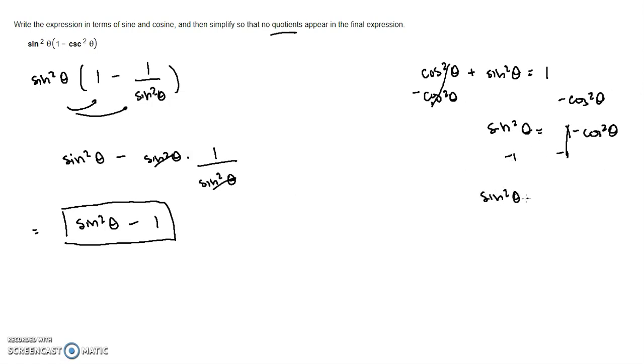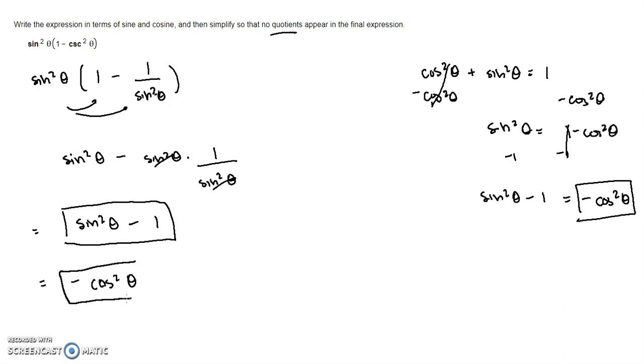So we could have sine squared minus 1 equals negative cosine squared theta. That's another possibility as well. Anytime you see sine, cosine, and 1, like any combination of those, look to see if you can make another identity out of that. So this could also be equal to negative cosine squared theta.